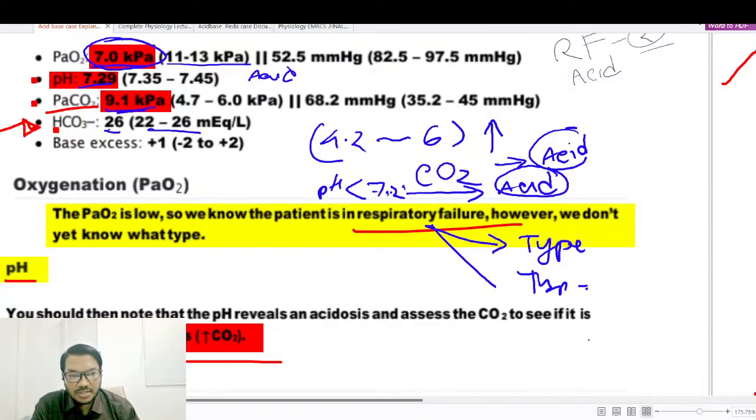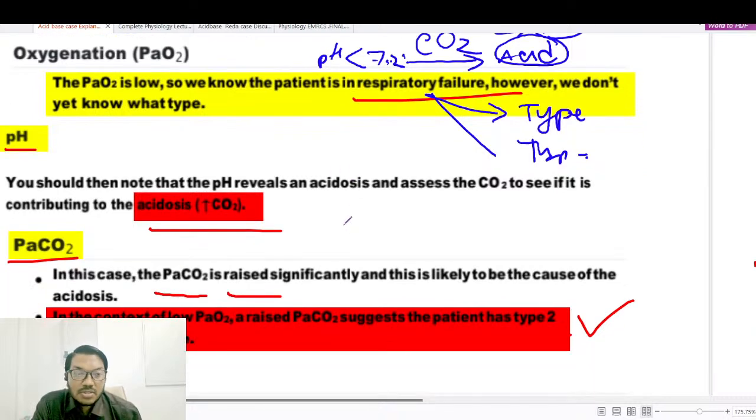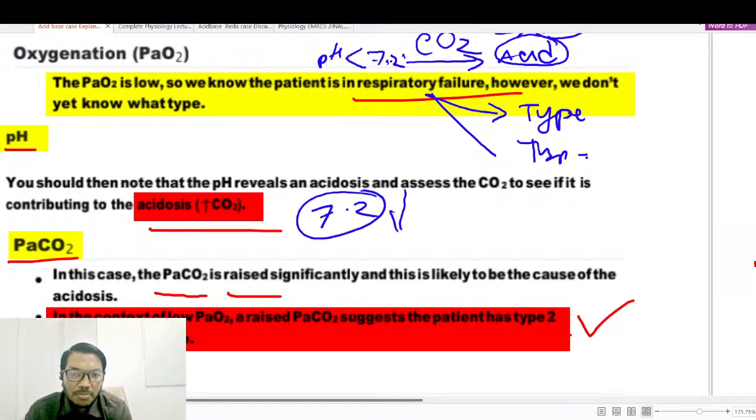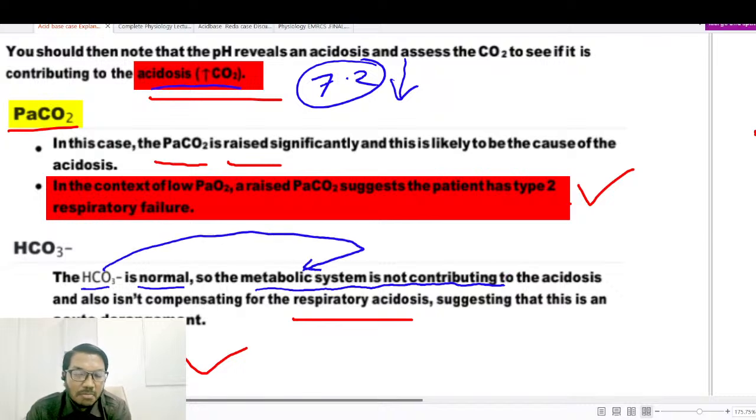We will discuss it. Now pH: you should note the level of the pH. Here pH was 7.2, so it is low, which means acidosis. Bicarbonate is normal, so the metabolic system is not contributing, because bicarbonate directly reflects the metabolic system.